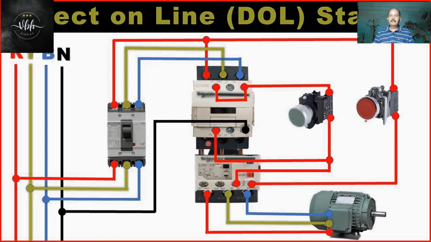In some places we may have to use a mounting kit separately so that we can bridge between the contactor and the overload relay. That type of thing is also available. So while selecting, you need to check the suitability of the contactor and overload relay, so that it inserts directly into the contactor and we don't require any kits. For higher ratings, of course we need to go for kits as per the OEM's recommendations.